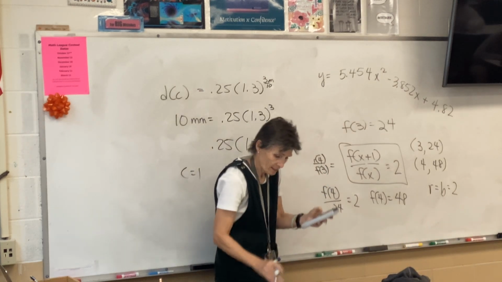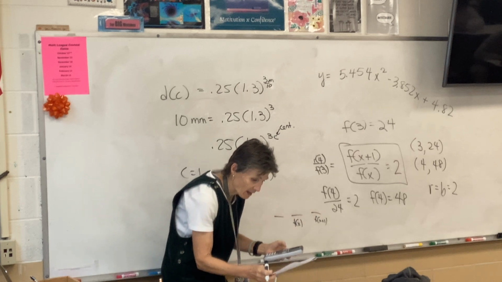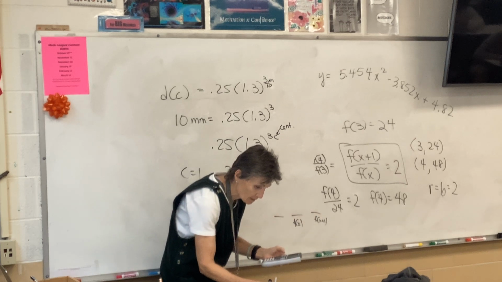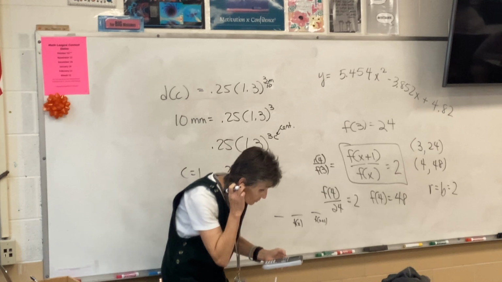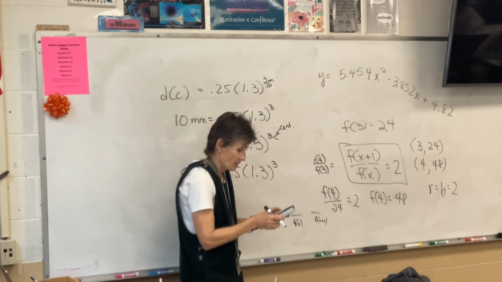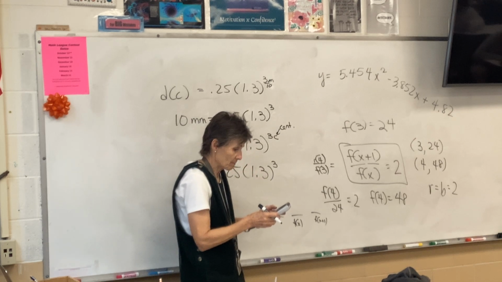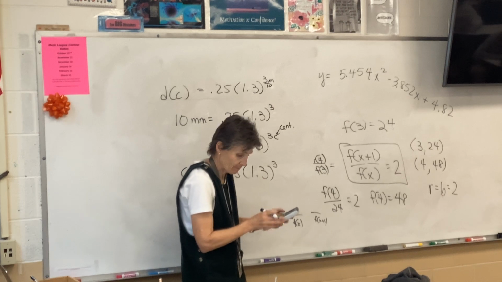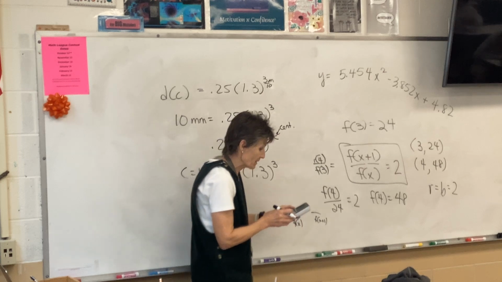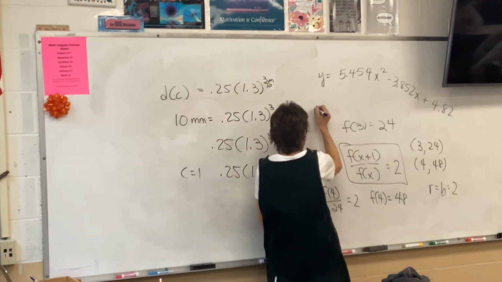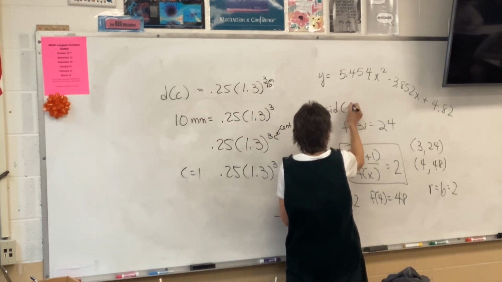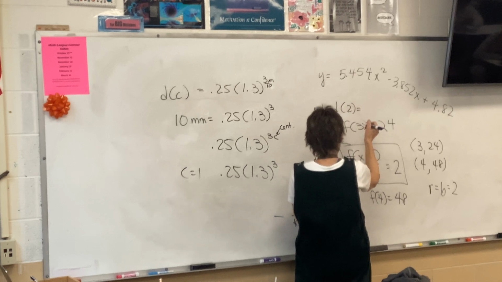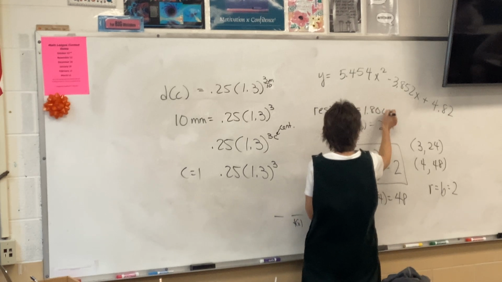Perfect. All right, so then it says, find the residual when T is 2. Well, one option is to go over to my residual column and pull it out of there. So if I do that, I got the residual at 2 to be 1.8006.